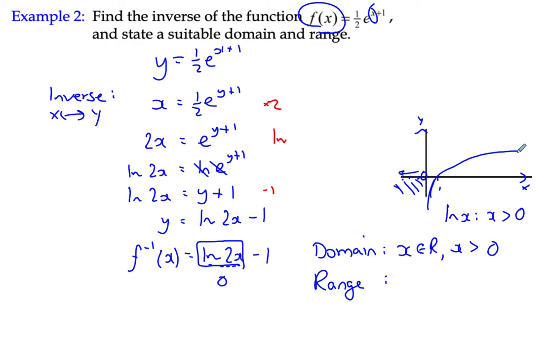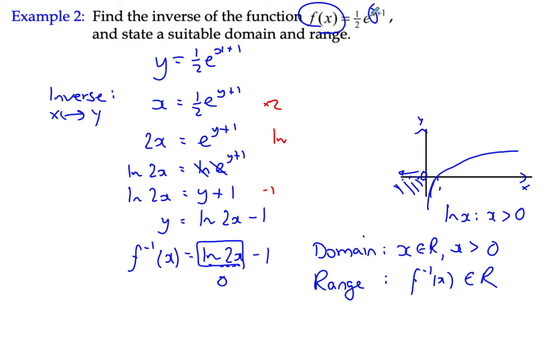Although this slows down, it technically never stops. It doesn't stop rising. So we can't say that there's a limit to the y coordinates here, so the range of the inverse function is just going to be the set of real numbers. We don't have a maximum or minimum in all of that.